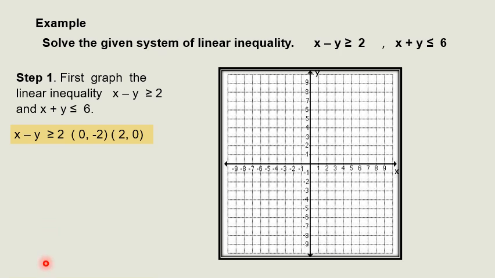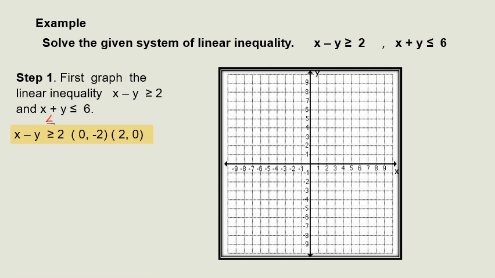So take note, before we graph this one, y is negative. Therefore, if that is negative and we use the x and y intercepts, do not forget to interchange the symbol. So the greater than or equal to becomes less than or equal to.